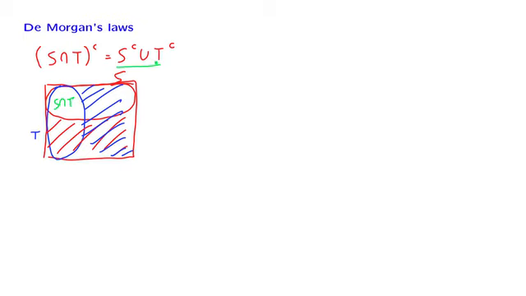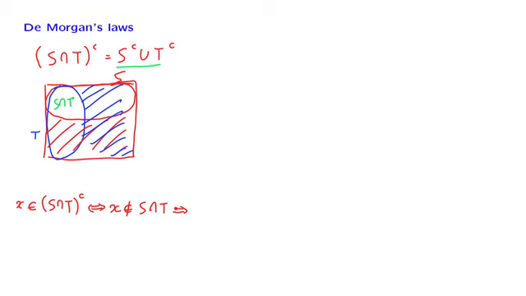If you're not convinced by this pictorial proof, let us go through an argument that is a little more formal. What does it take for an element to belong to the first set? In order to belong to that set, X belongs to the complement of S intersection T. This is the same as saying that X does not belong to the intersection of S with T. What does that mean?